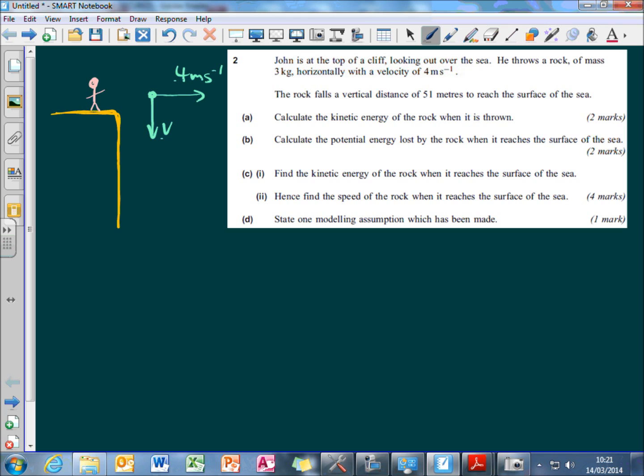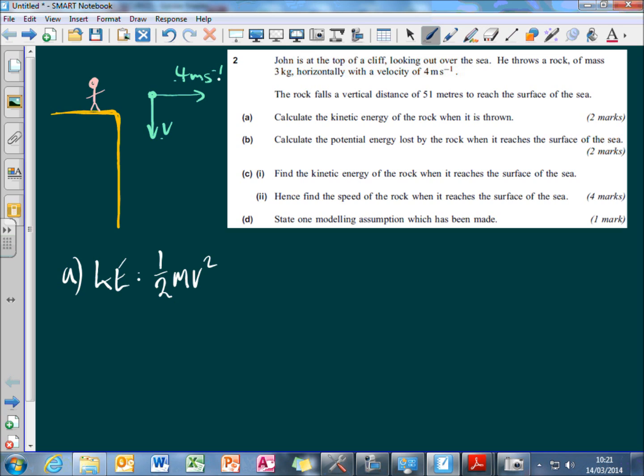Okay. Right. So question A says calculate the kinetic energy of the rock when it's thrown. So kinetic energy when it's thrown is just 1/2 mv squared, and the v is just the horizontal velocity, because it's just when it's thrown, it hasn't started falling yet.